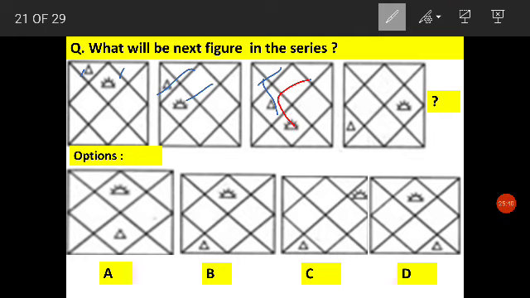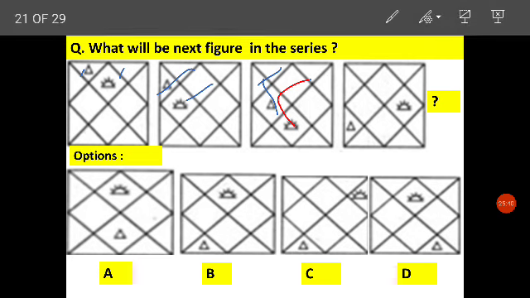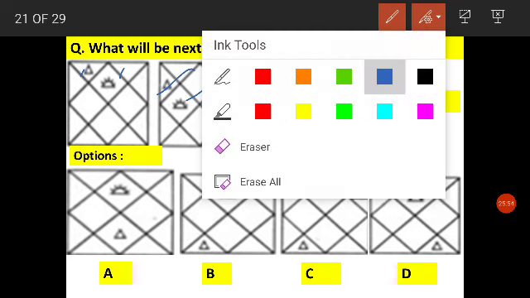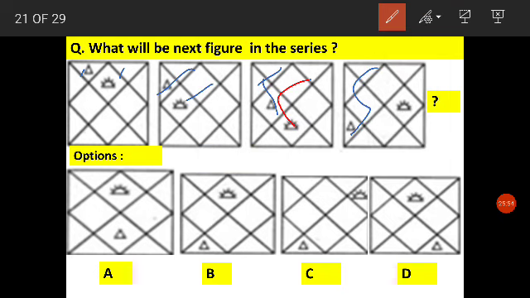And in the third one you see the triangle is going like this and like this, and the sun has completed its circle in the bigger squares.